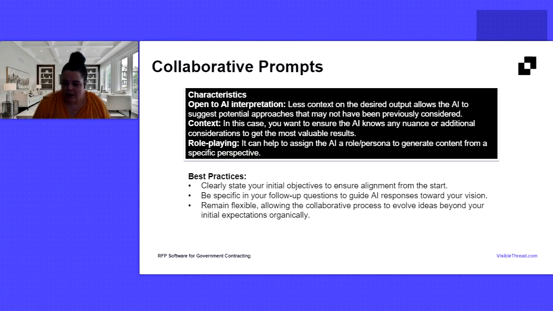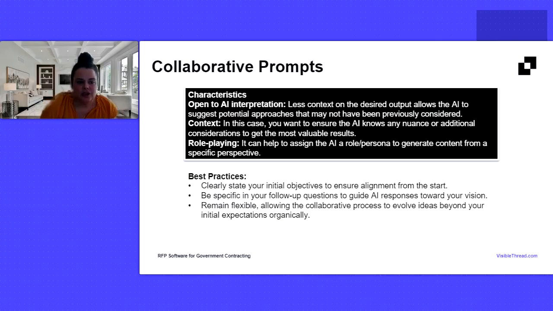And then the last one we'll cover are collaborative prompts. So again, very straightforward. With collaborative prompts, you're really looking to create a dynamic conversational partnership between the user and AI. So rather than asking to complete a task, you're looking for ideas, you're saying, let's put our heads together and identify some things I haven't seen before.